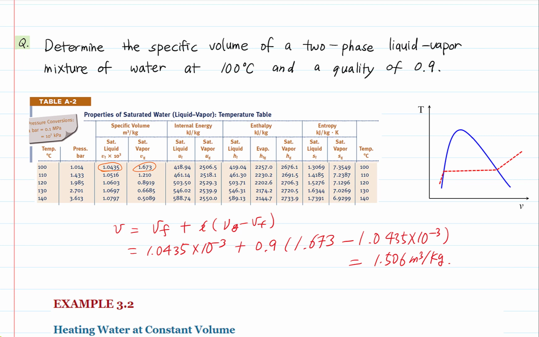So let's say this is 100 degrees Celsius and the quality 0.9. V is what we calculated at quality 0.9.